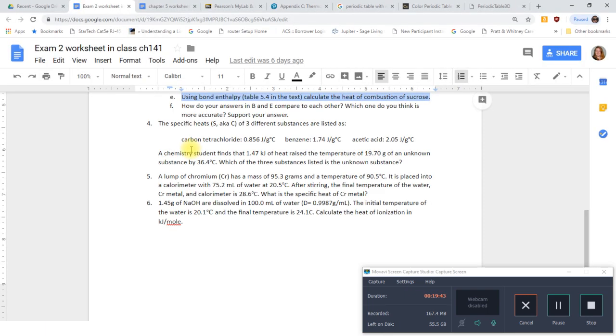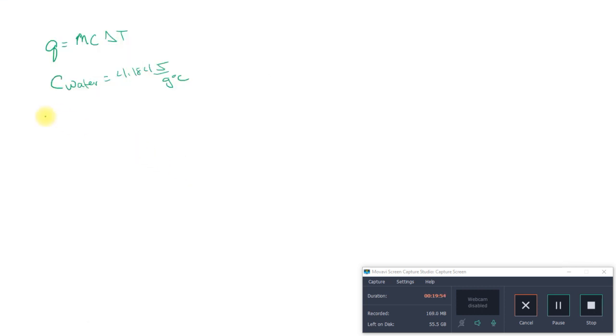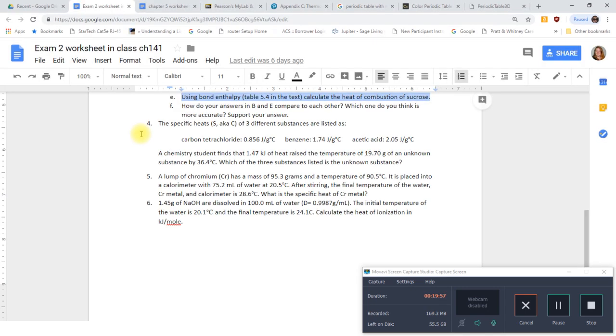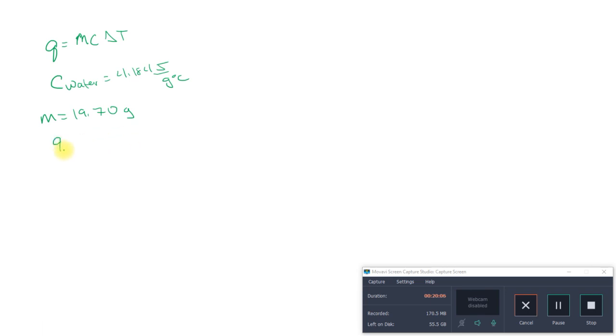Okay, so here we're trying to figure out, based on some data, which of 3 substances were being tested. The mass of the unknown is right here, so I'm going to plug that in for M. It says that 1.47 kilojoules of heat, so Q is heat.